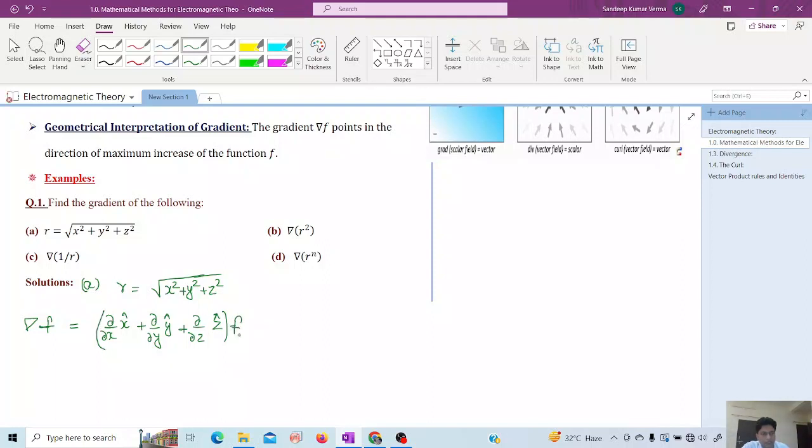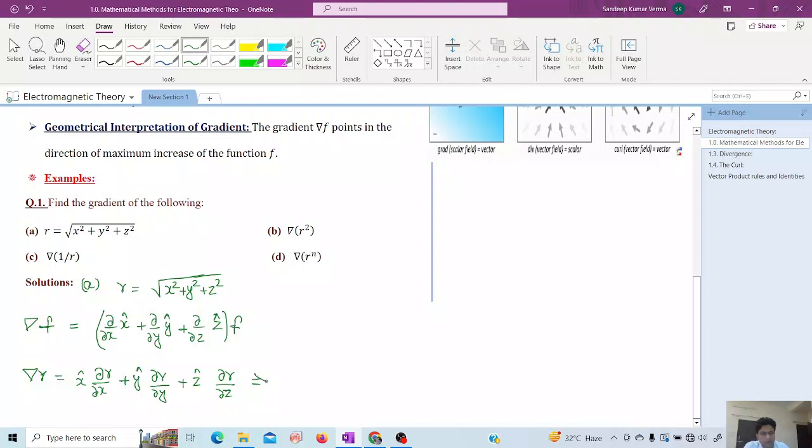acting on f. So we can apply this. The gradient of r equals x̂ ∂r/∂x plus ŷ ∂r/∂y plus ẑ ∂r/∂z.